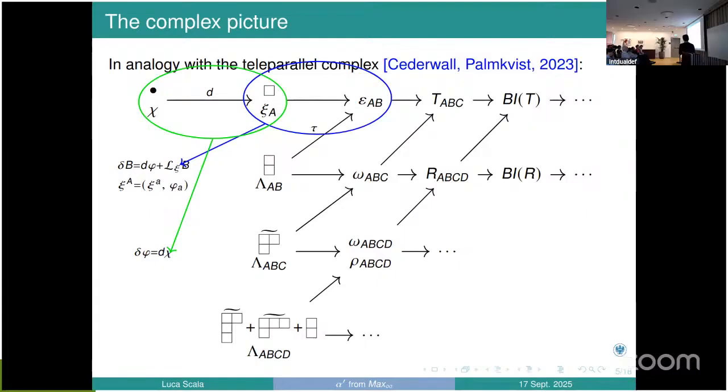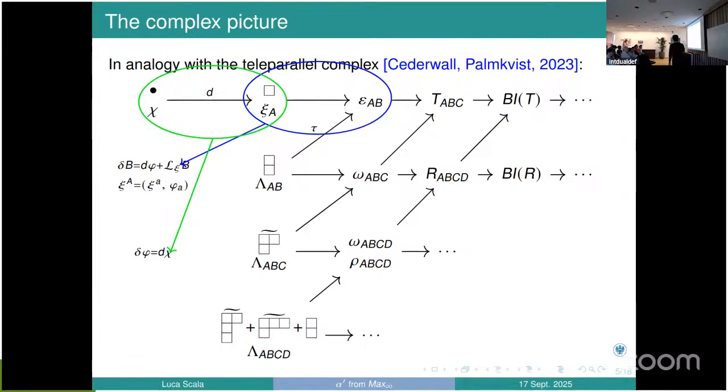And this generates curvature, Bianchi identity, etc. But again, not all the components of the curvature are fixed, so you have to introduce other gauge parameters, and so on and so forth. And this explains the well-known tensor hierarchy structure. So you have this gauge for gauge for gauge for gauge symmetry to infinity.